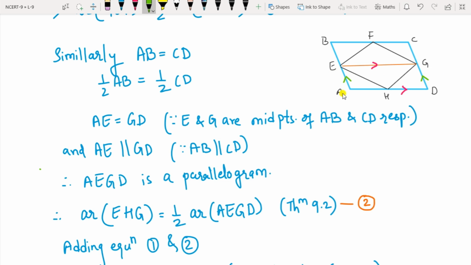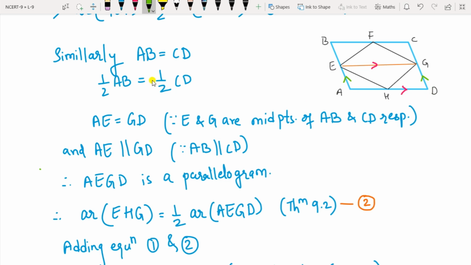Therefore, AEGD is a parallelogram. Now this parallelogram, the below one, you have to consider, and this is a triangle inside the parallelogram, therefore the area of this triangle EHG will be half of the area of parallelogram AEGD.